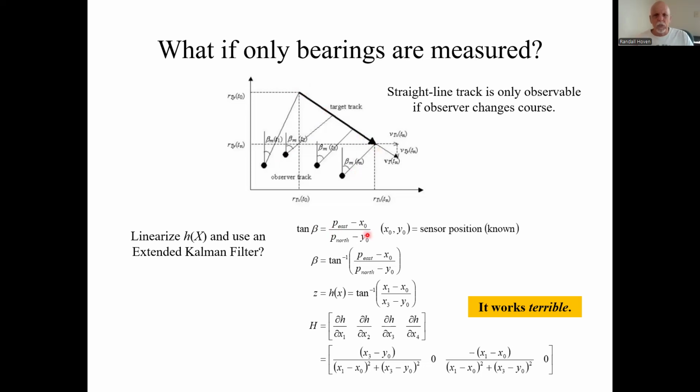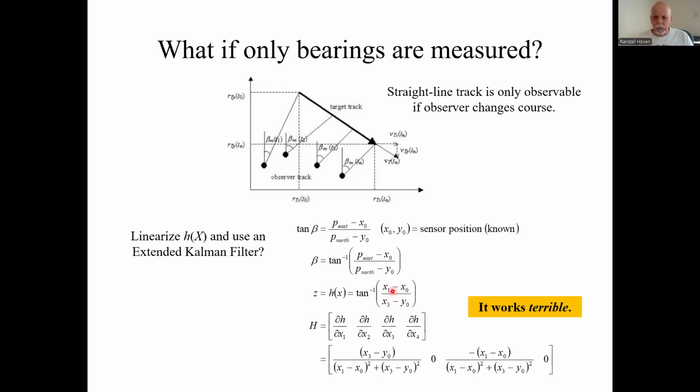If we know the position east for the target and the position north of the target, we subtract off our own position east and north, and we can calculate the relationship between those things and the bearings. So here's the nonlinear equation for what we measure versus our state variables.